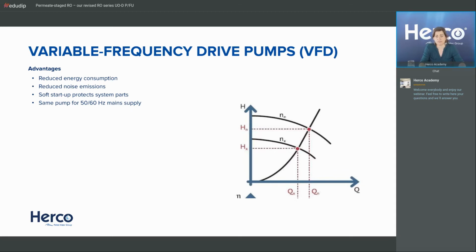The advantages with a variable frequency drive are basically that you don't have to throttle the unit to reach your operation point, so you don't destroy energy. You just adjust your energy consumption exactly to the point that you need, so to reach exactly the operation point that you need. Apart from the reduced energy consumption, you have also less noise emissions. So when you walk past the plant with a VFD pump and a normal pump, you will really hear the difference.